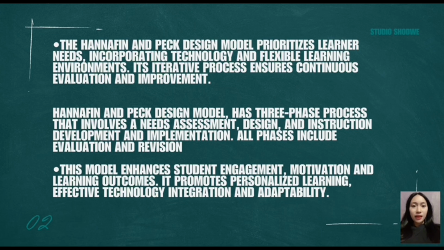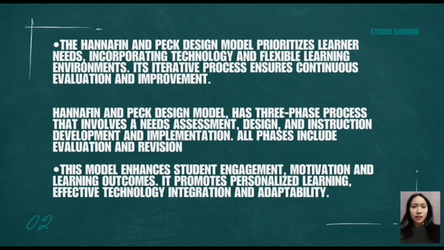The Hannafin and Peck design model has a three-phase process that involves needs assessment, design and instruction, development and implementation. All phases include evaluation and revision.